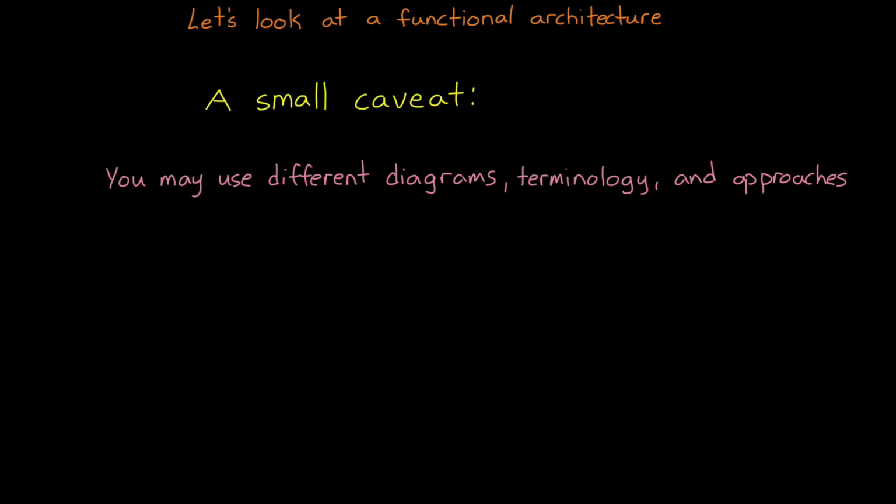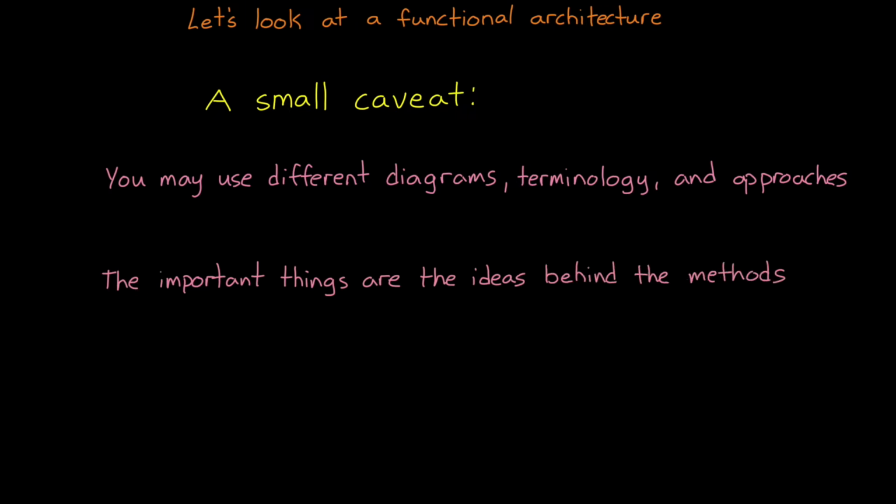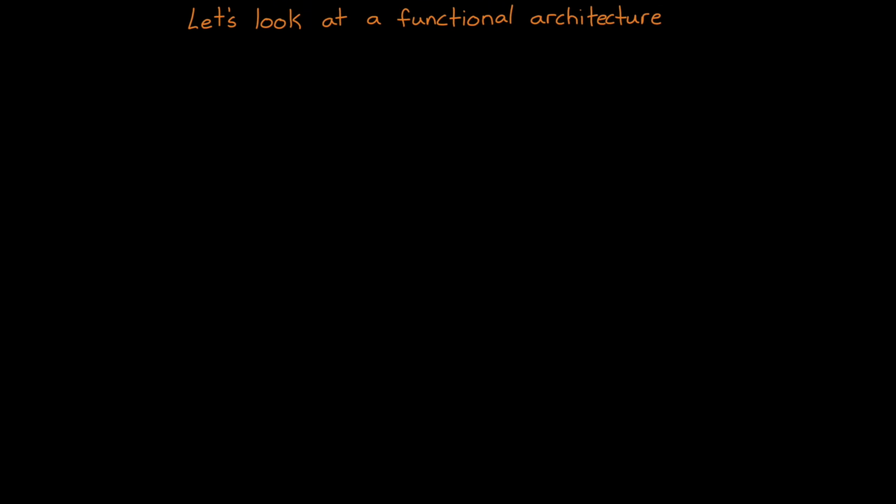So I just want you to be aware that what I'm going to present is one version, but by no means the only way. The important thing that I'd like you to get from this video are the ideas behind the methods, so that you have a better appreciation for why they are valuable. So, with that out of the way, let's get back to functional architectures.